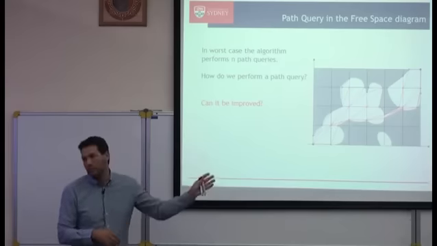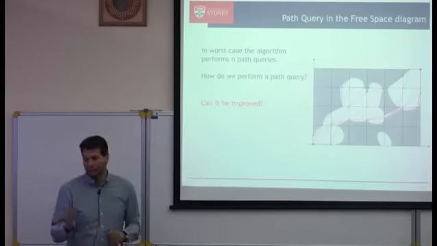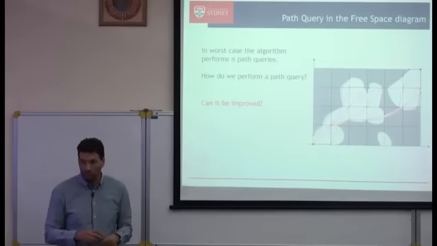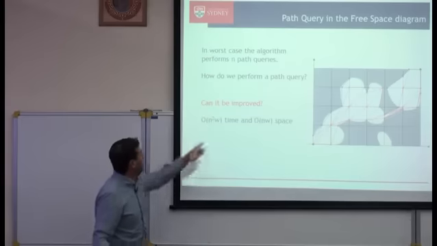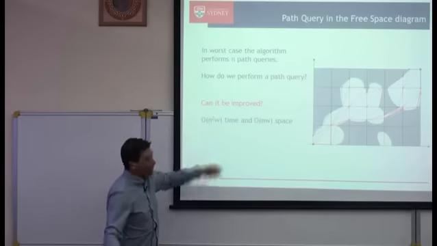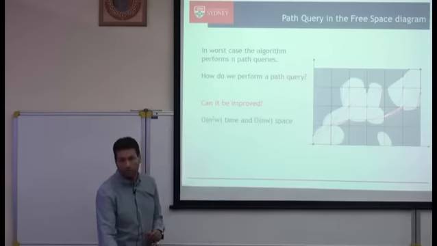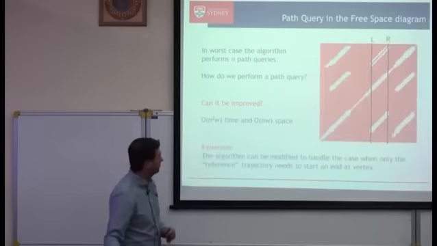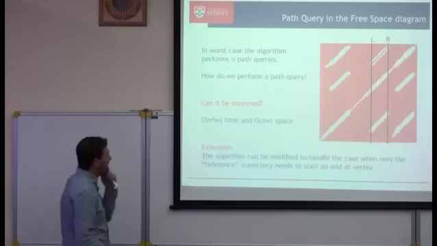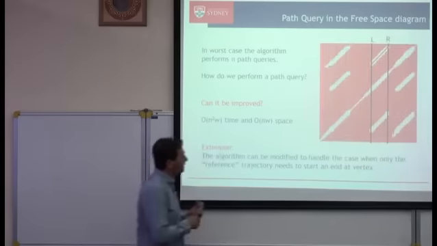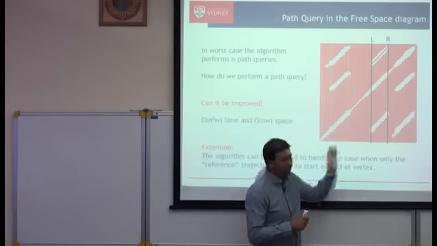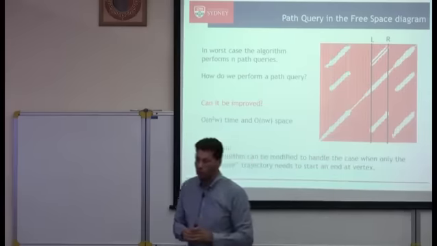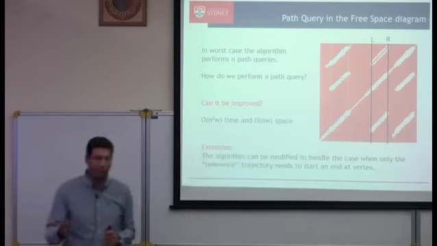But this is a simple analysis. If you want to do that analysis, it becomes quite complicated, actually. So we can improve it to n squared w time and using n w space. I only spoke about this case when the endpoints of the trajectory, the curves, have to start and end at the vertex.